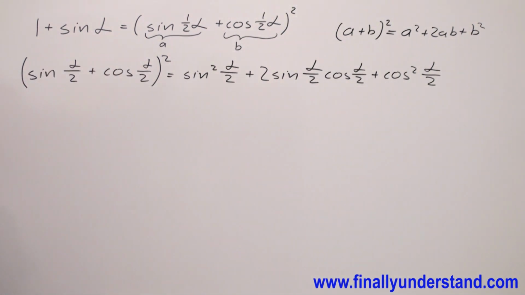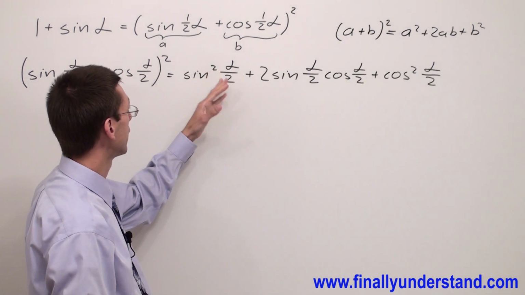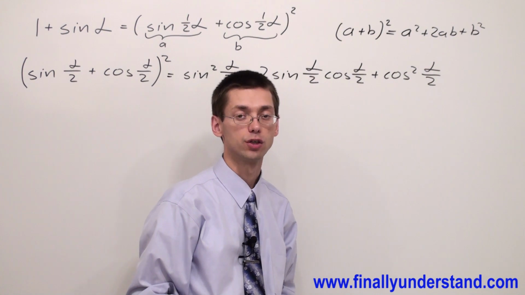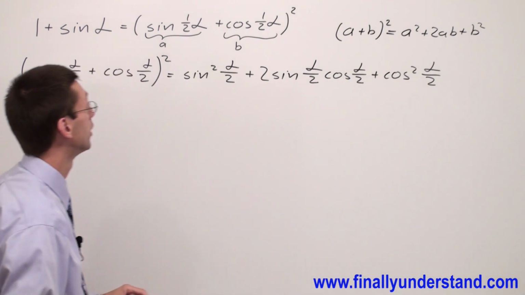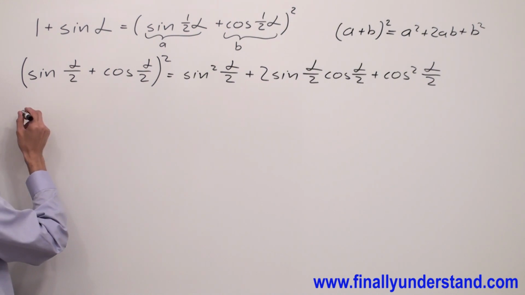Next, I'm supposed to realize that sine squared of an angle plus cosine squared of an angle is equal to 1, because I'm supposed to use the Pythagorean relation. Let me rewrite this problem in order to make it visible.